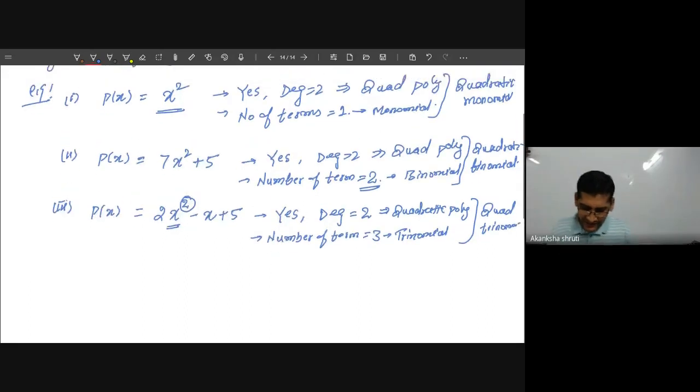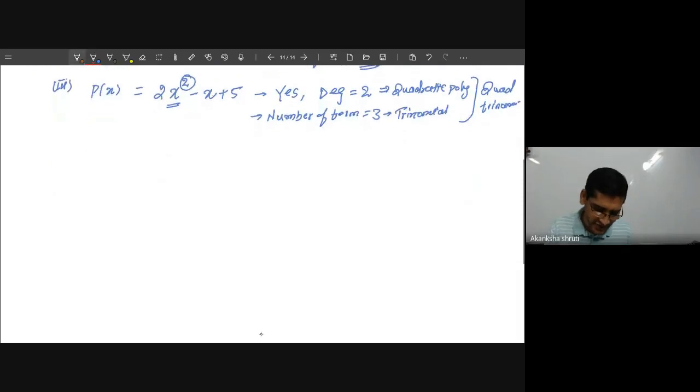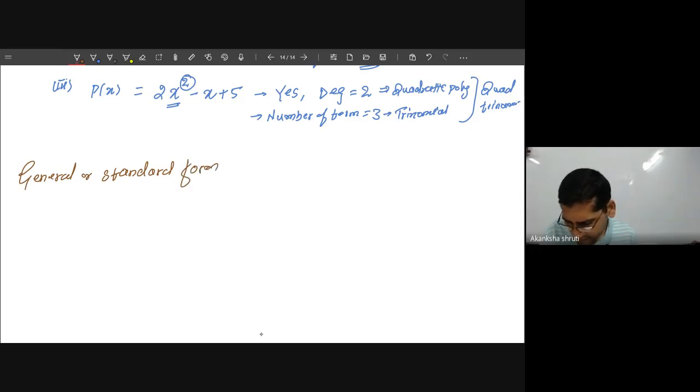So students, here we are getting that there may be 3 terms. The x term may be missing or the constant term may be missing, but the x squared term shall not be missing. So what is the general or standard form of a quadratic polynomial?